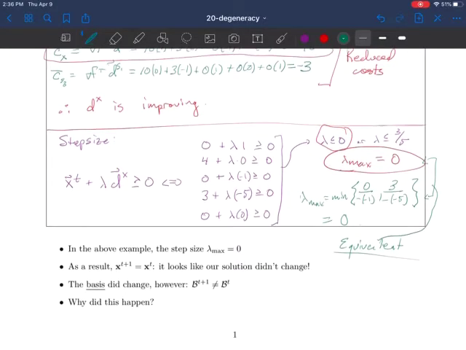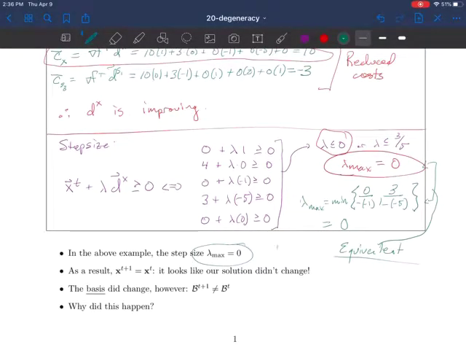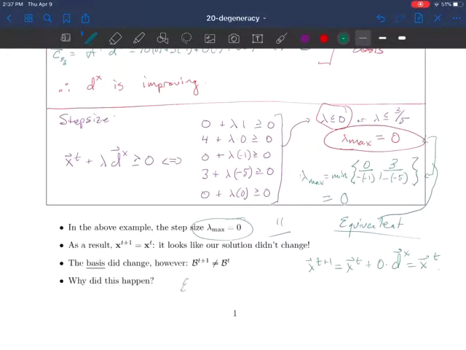However, the weird thing here, because this equals 0, of course, is that our lambda max is 0. So that means that xt plus 1 was just equal to xt plus 0 times dx, which is just xt. So the point did not change, but what happened?